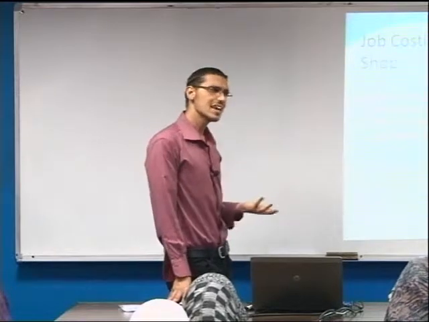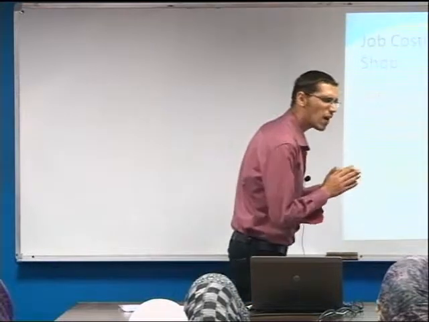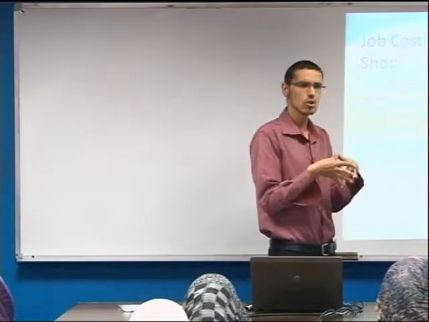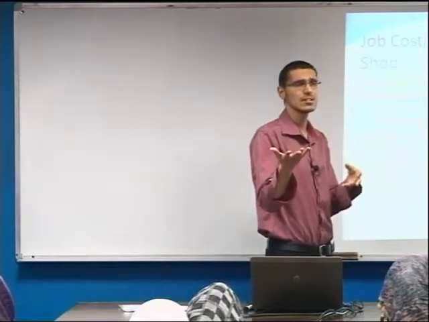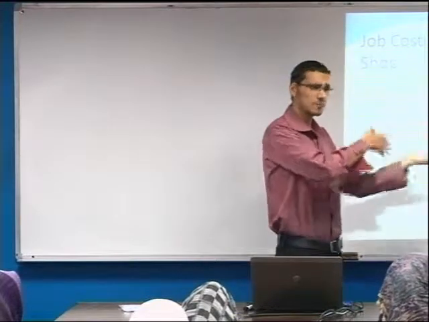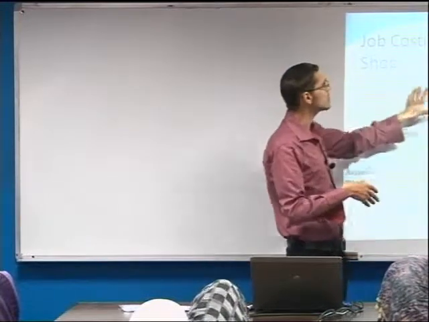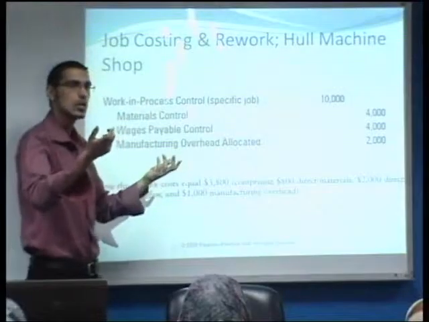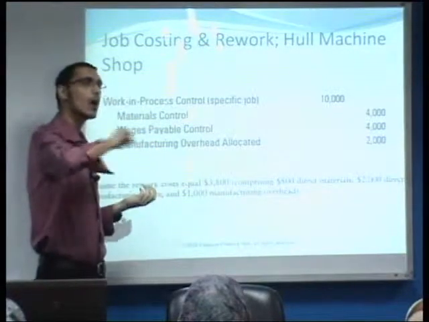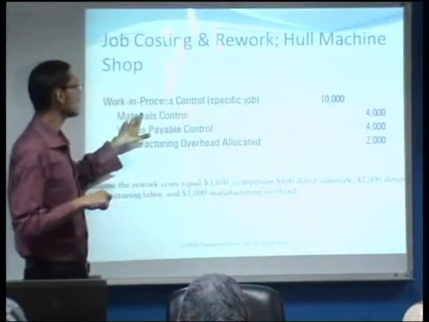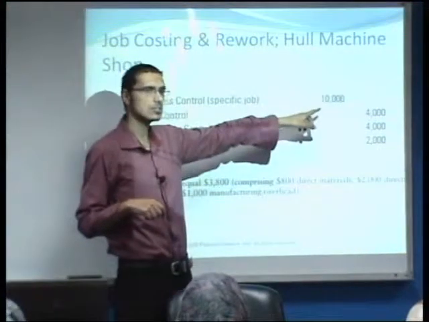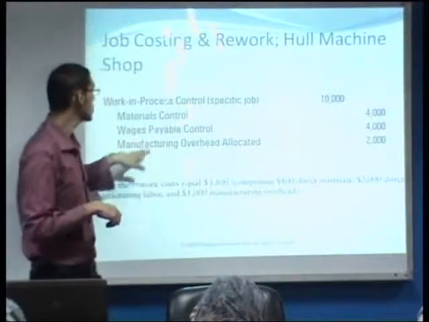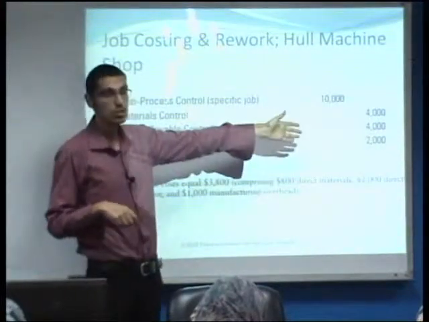Of course, as we said, the cost of the 5 spoiled parts was 10,000, correct? $2,000 per part, multiplied by 5, 10,000. And they gave us the different classifications of the costs for each part. Of course, we have materials control $4,000, wages $4,000, manufacturing overhead $2,000.